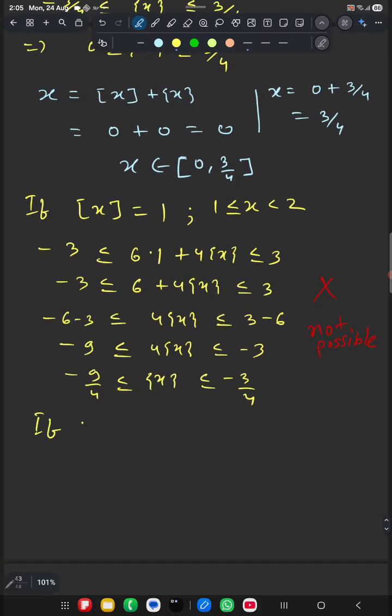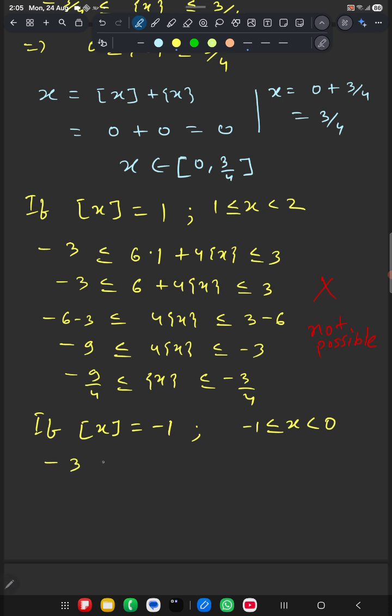If the greatest integer value is -1, then what happens? When does -1 happen? When x is lying between -1 and 0. In that case its greatest integer value will be -1.